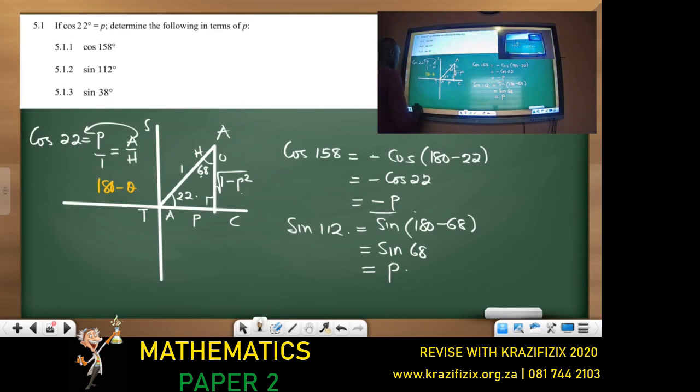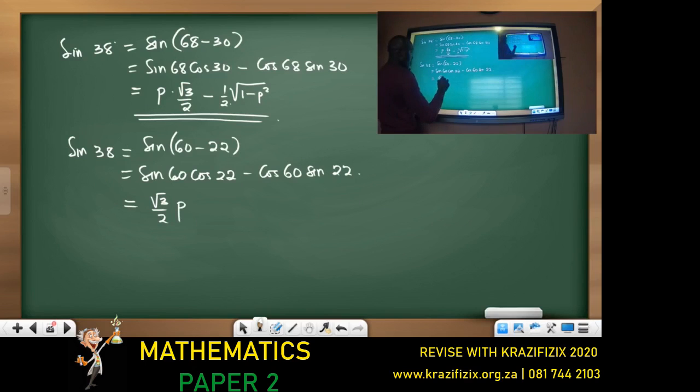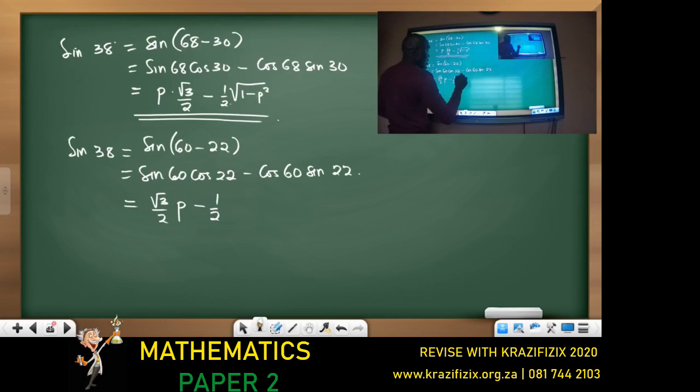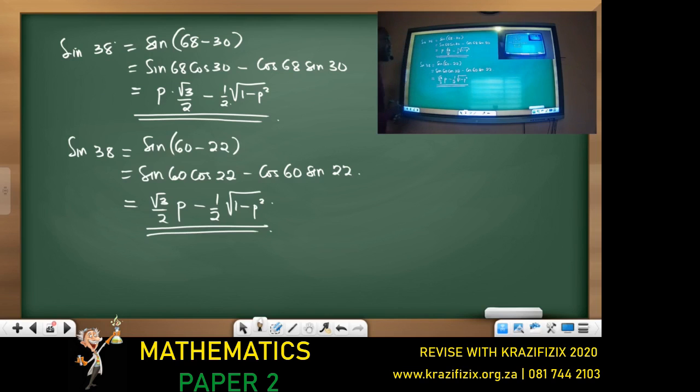That's where we started from: p. Minus, now, what is cos 60? Cos 60 is a half. Now, what is sine 22? Opposite: the square root of 1 minus p squared. What do you notice? We actually get back to the same answers. So this is how you work around your trigonometry.